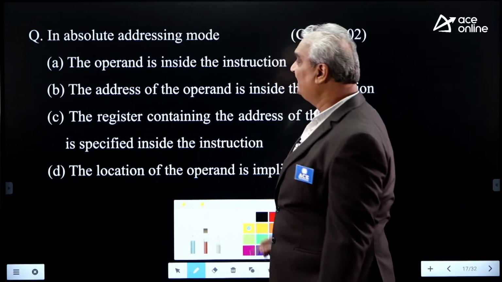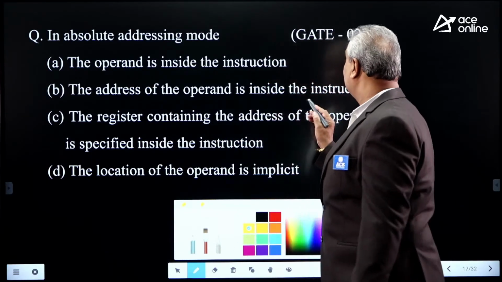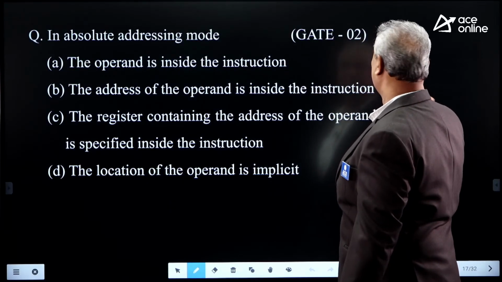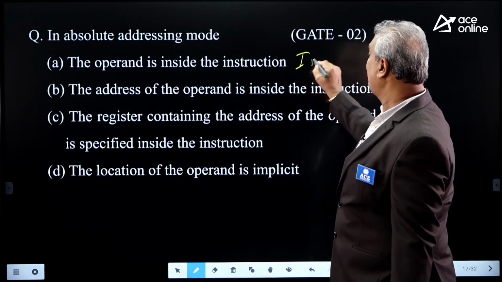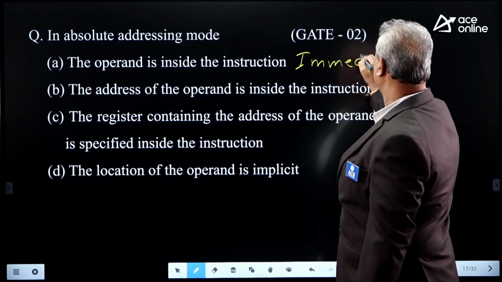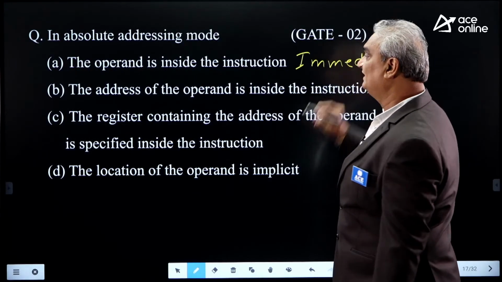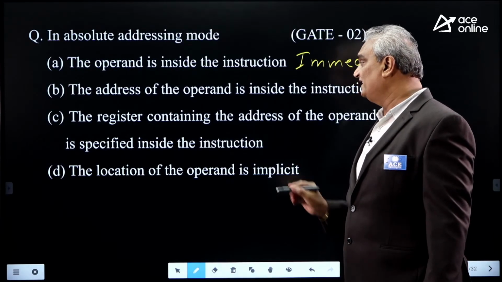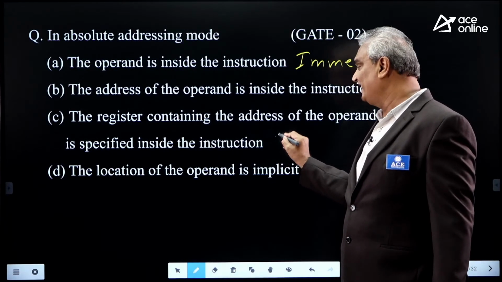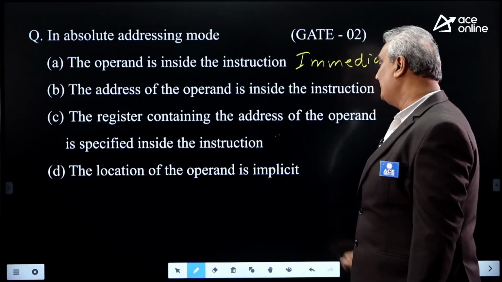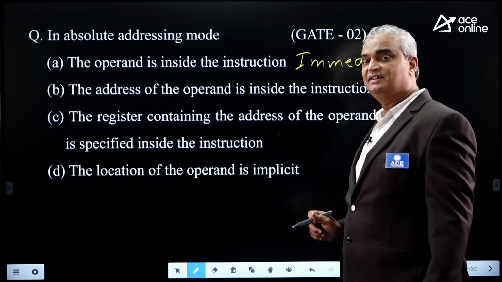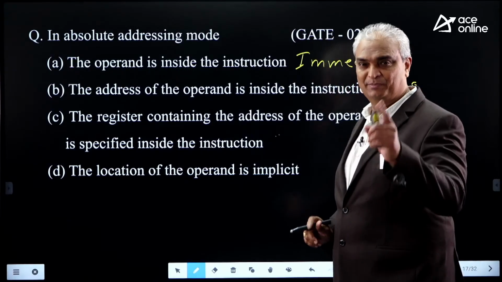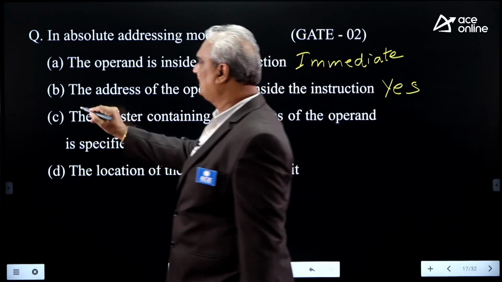Next, the address of the operand is inside the instruction? Yes. It becomes the correct answer for absolute addressing mode. Next, the register containing the address of the operand is specified in the instruction means it is register indirect. Location of the operand is implicit means it becomes the correct answer for implicit addressing mode. For this, the correct option is B.